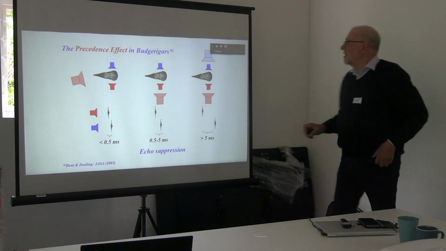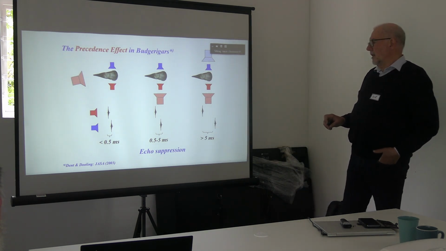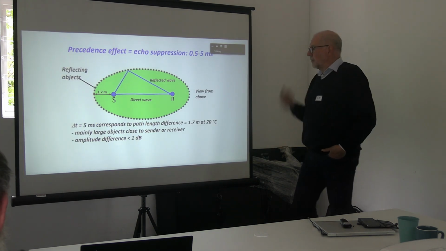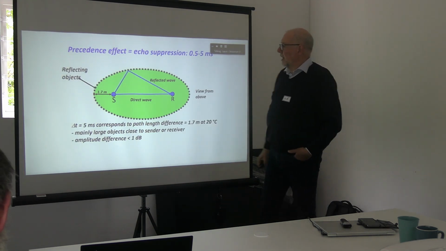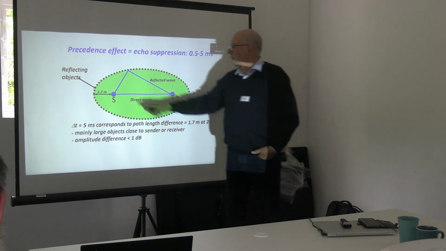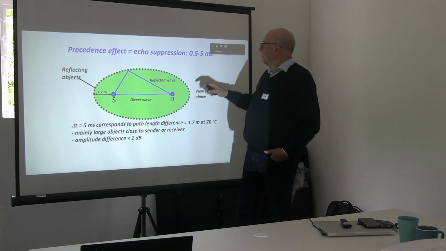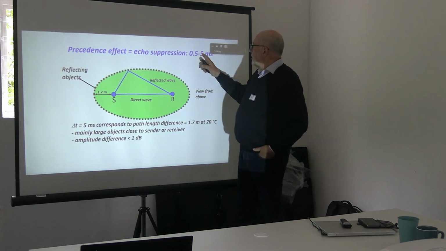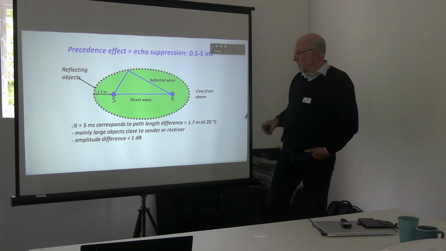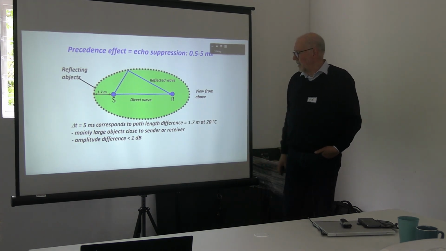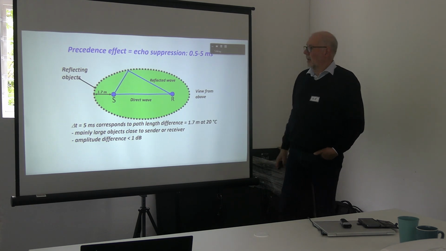And the question is, can this be used in the field? You can see that if we have a sender and a receiver, and we have a direct wave, then 5 milliseconds corresponds to a path distance difference of 1.7 meters.